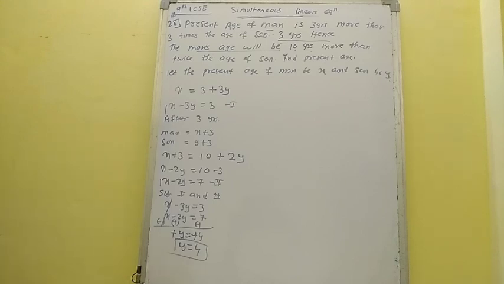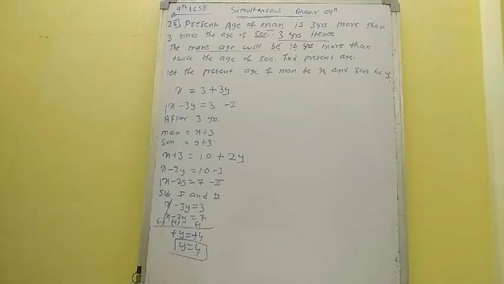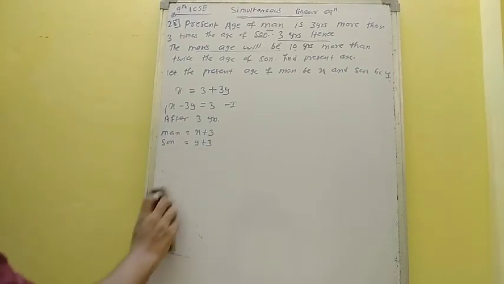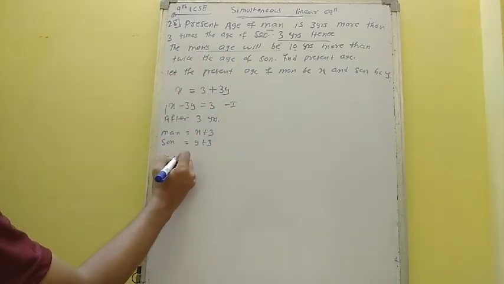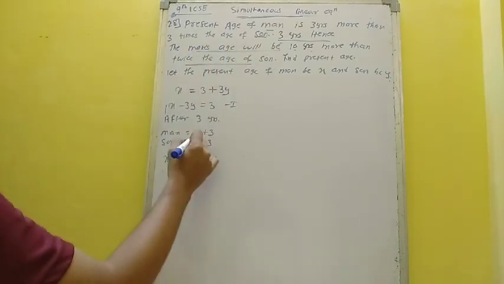What is wrong with this now? X minus 3y is equal to 3. After 3 years, man's age will be x plus 3, 10 years more than twice the age of the son.